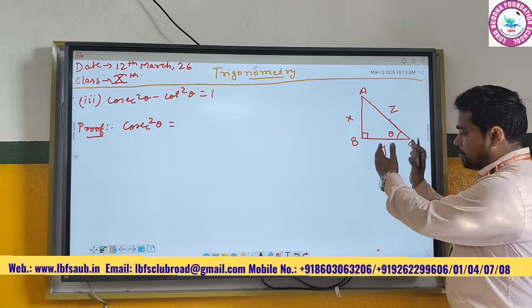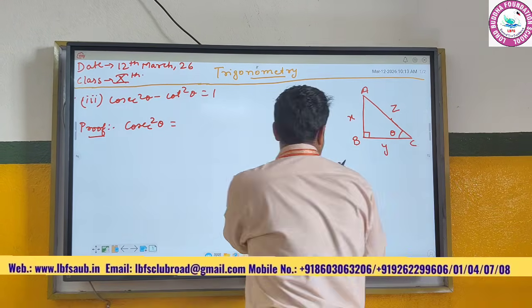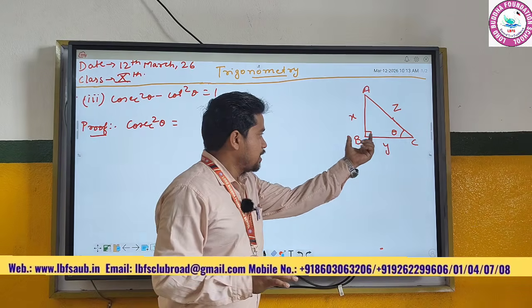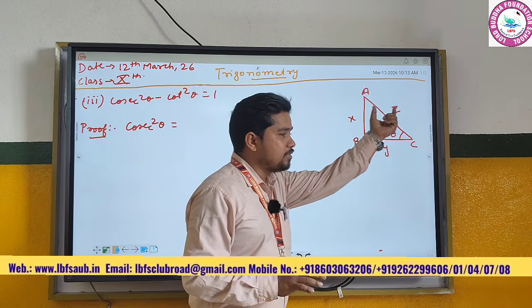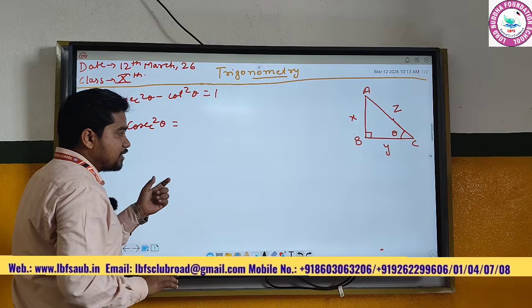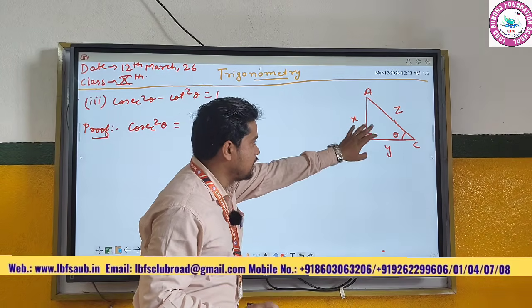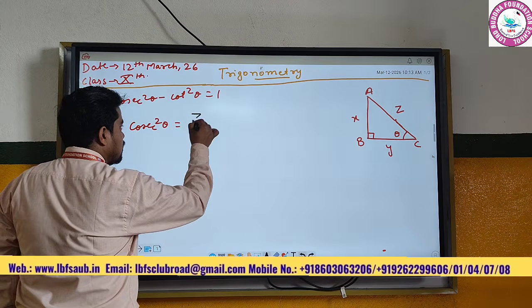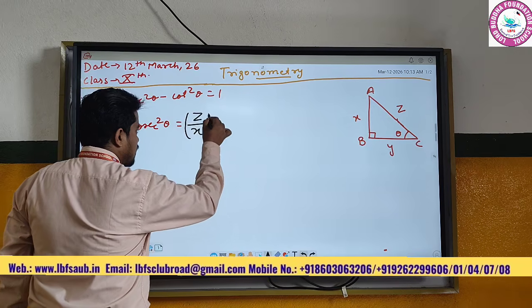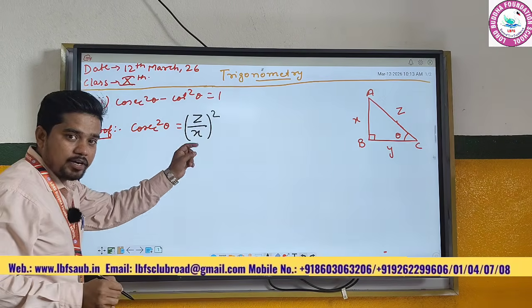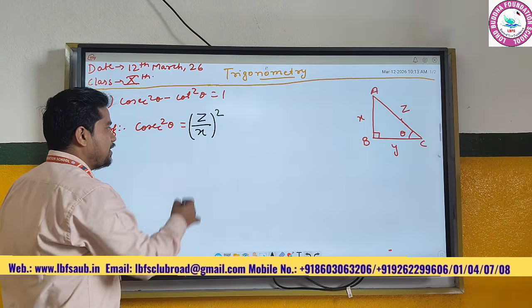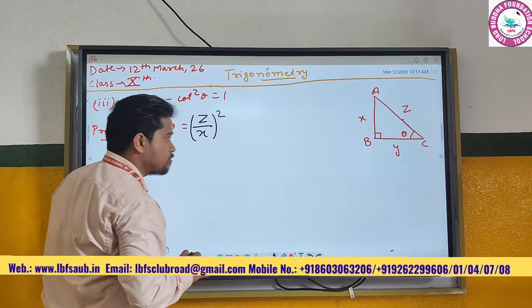So according to this figure, can we find out the value of sin theta, which is x upon z? So for cosec theta, the value will be z upon x. And we have to find out its square, cosec square theta. So we can write it as z upon x whole square.